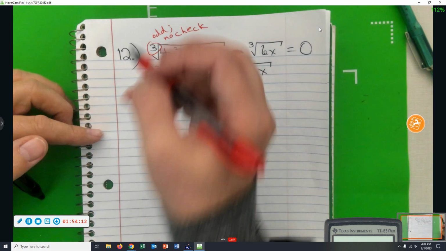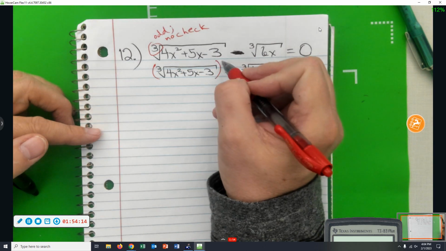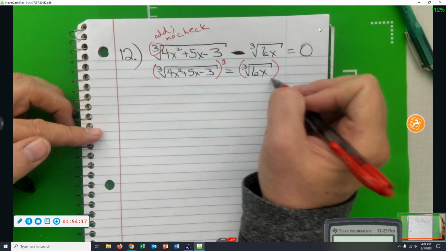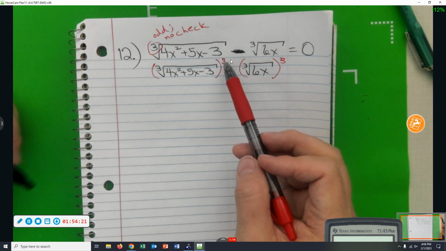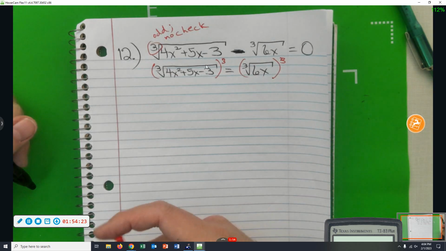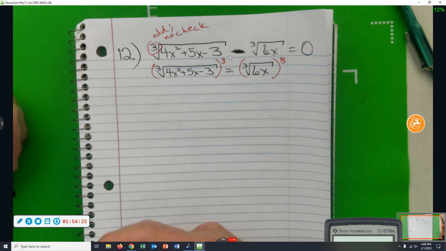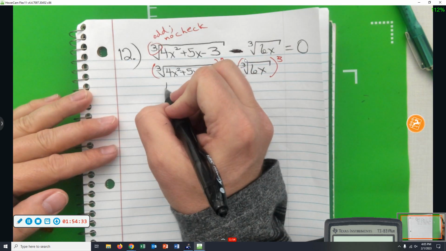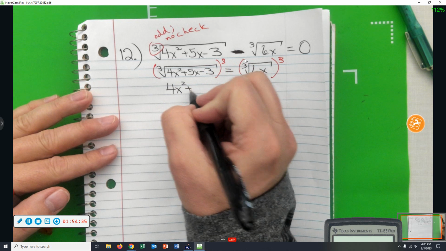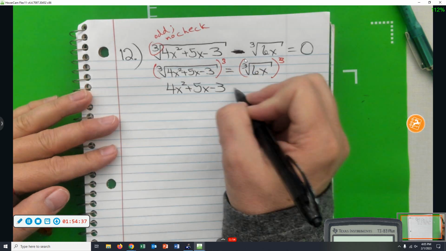Once we've isolated, we'll cube both sides. The cube root being cubed, what happens there? Okay, so we just have the radicand, 4x squared plus 5x minus 3.